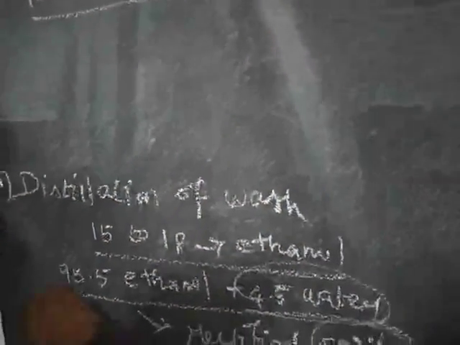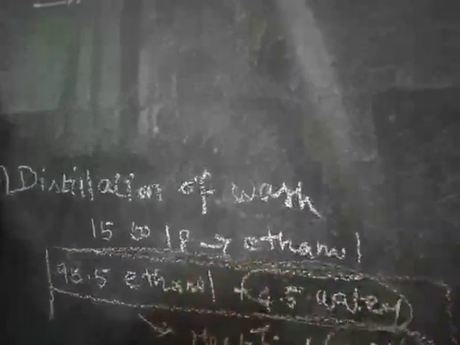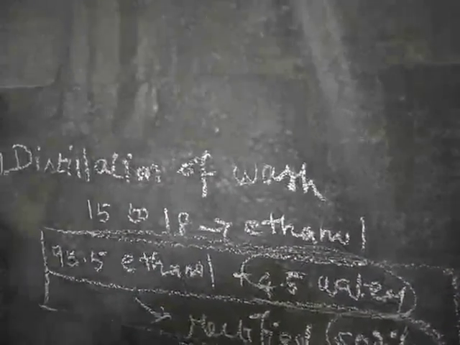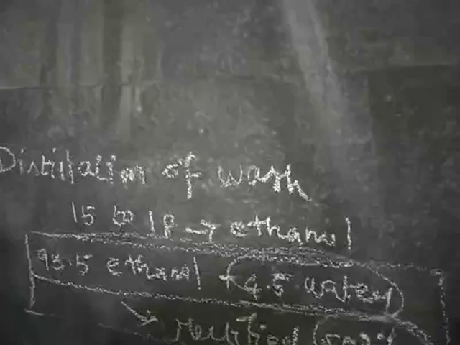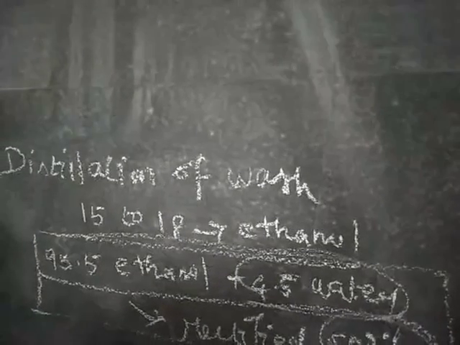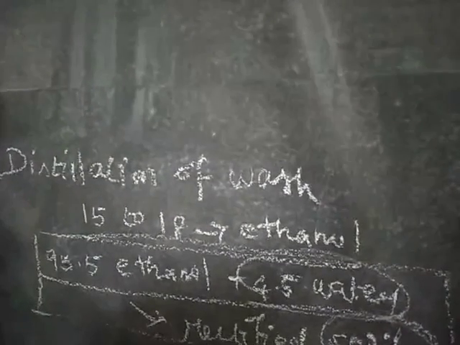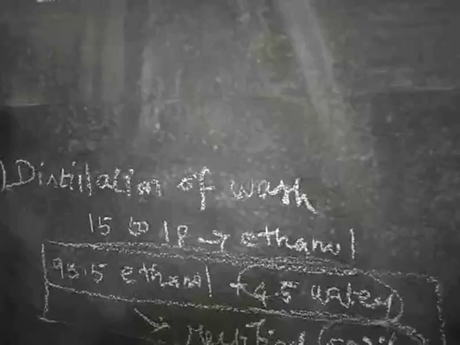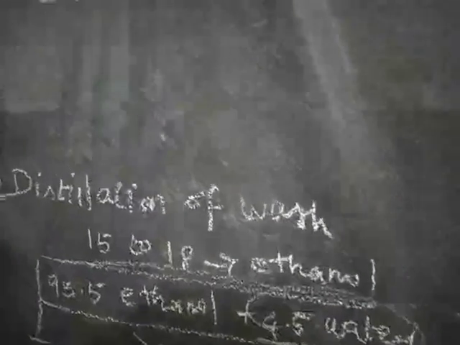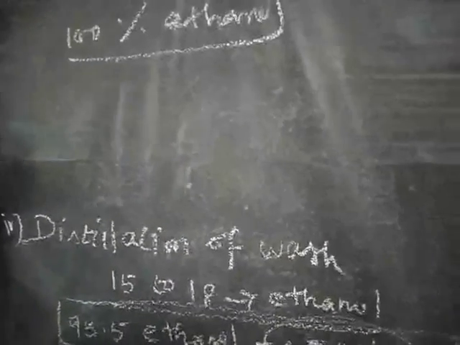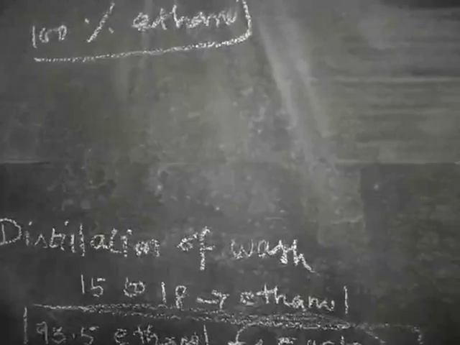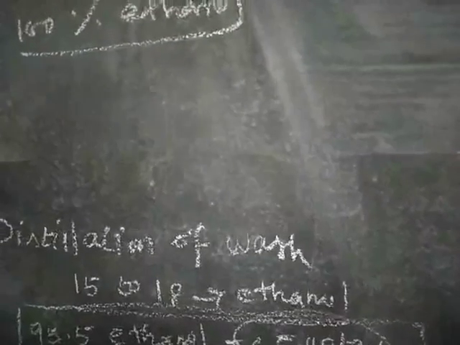After obtaining this solution, we add quicklime under the reflux process. The reflux should be maintained for 5 to 6 hours. After the reflux, the solution is allowed to stand for 12 hours.